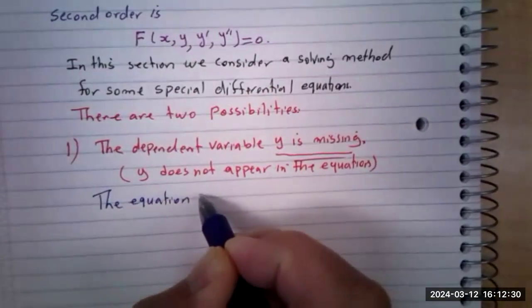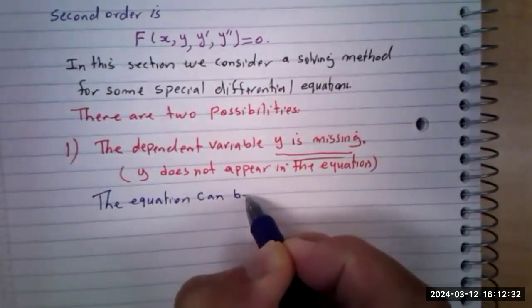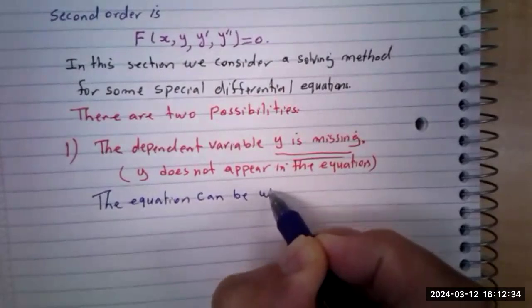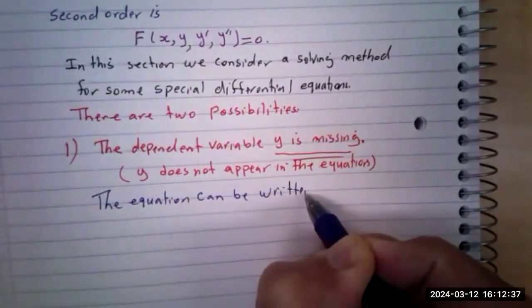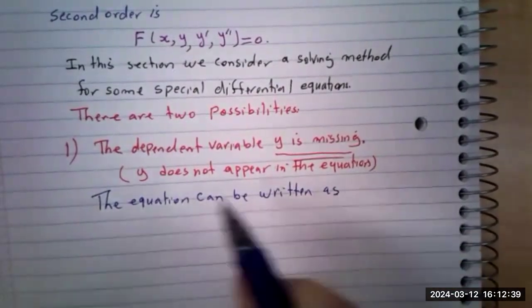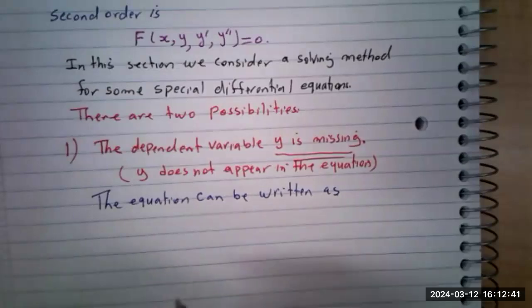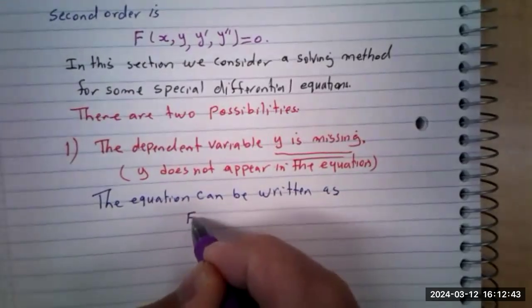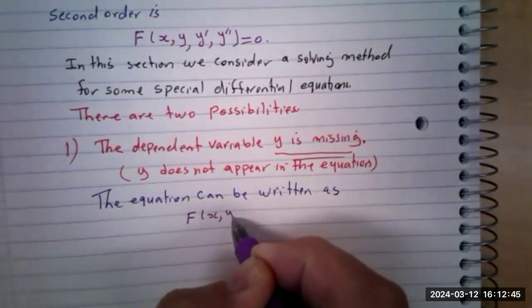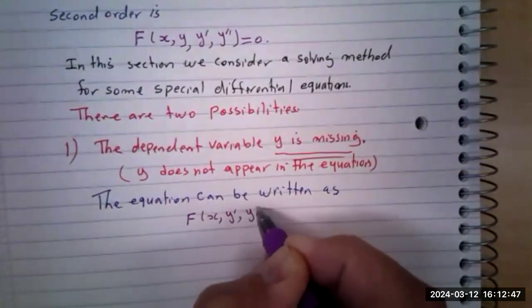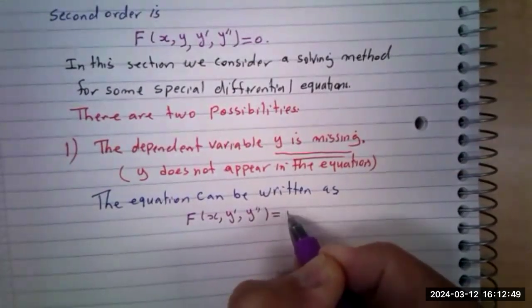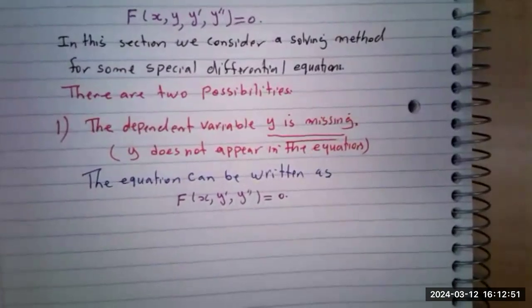The equation can be written as x, y prime, y double prime equal to this. That's going to be the case.